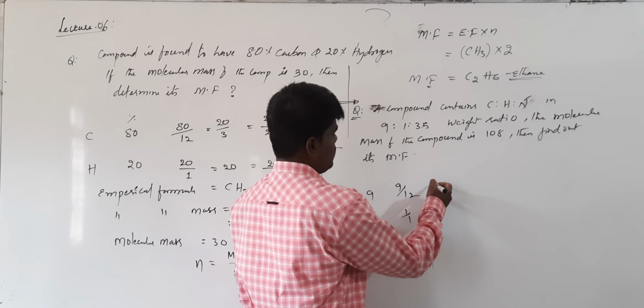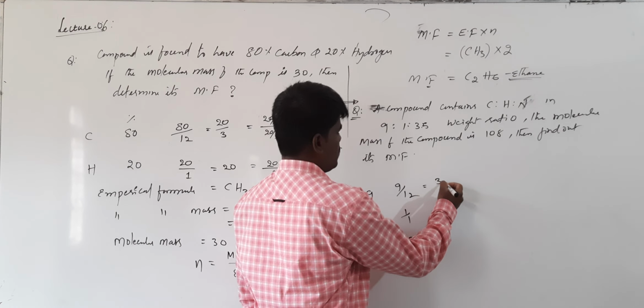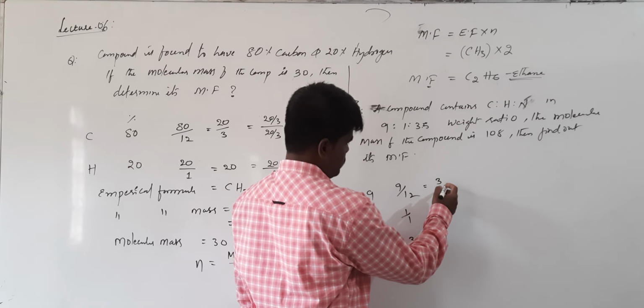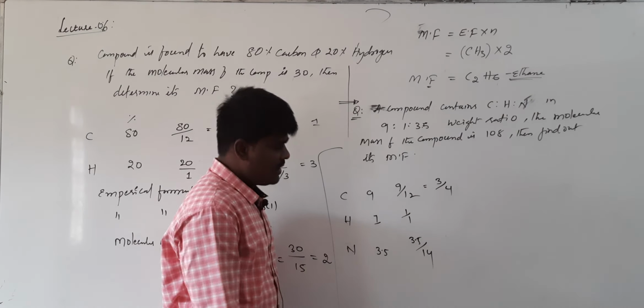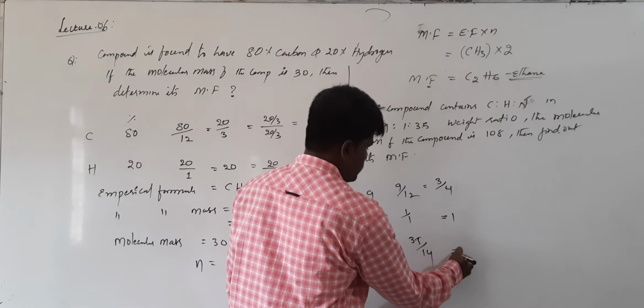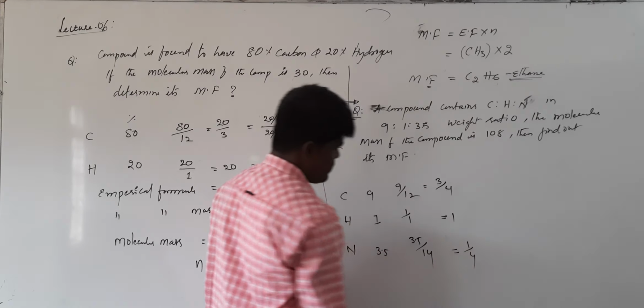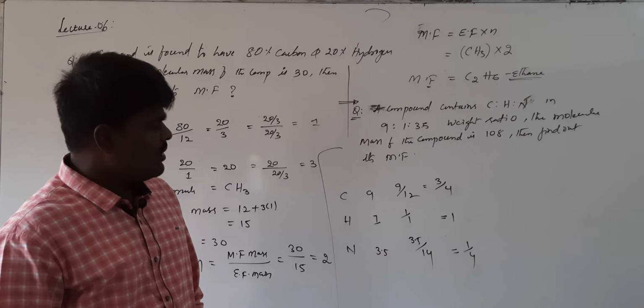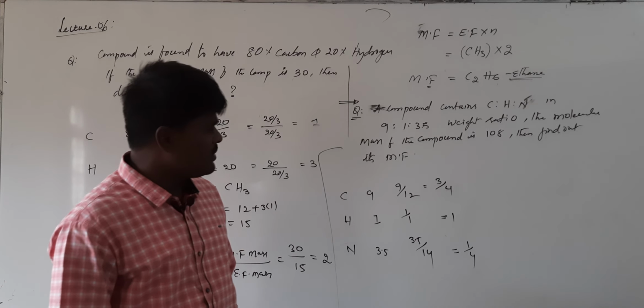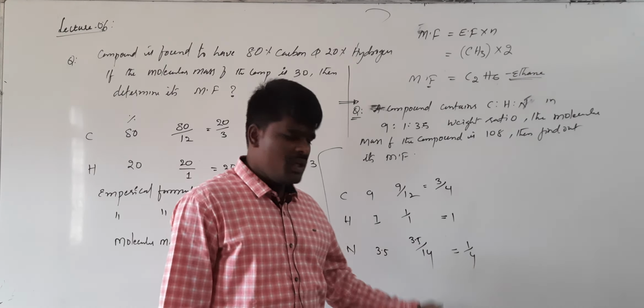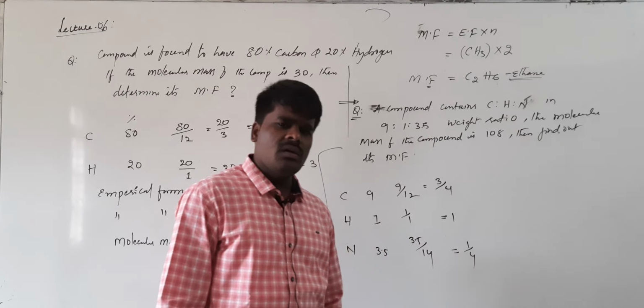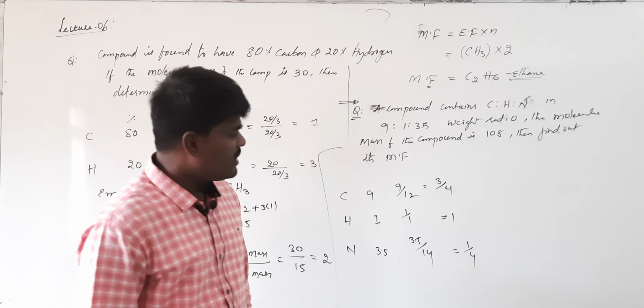This comes to be 3/4, this comes to be 1 and this comes to be 1/4. Since the relative numbers of atoms are fractional, you have to divide the relative number of atoms of each element by the lowest relative number of atoms.